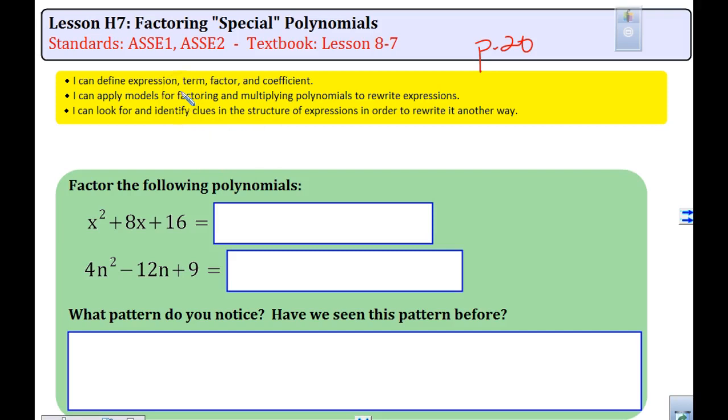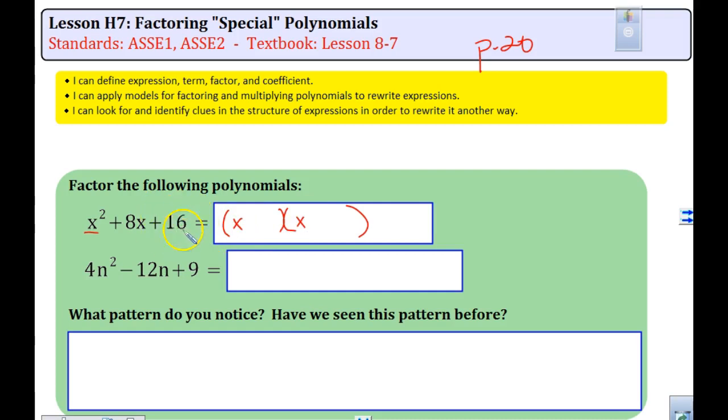Again, we're thinking of our expressions, terms, factors, coefficients. And now we are looking at, instead of multiplying them, we're factoring. So what gives us x squared? What are my two factors? So go with your two parentheses always. Anytime it says factor, unless there's a greatest common factor, which in this case there is not, you're going to start with x times x. This was the quiz the other day.